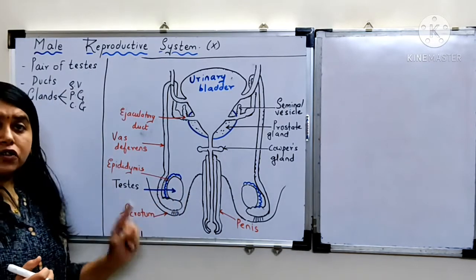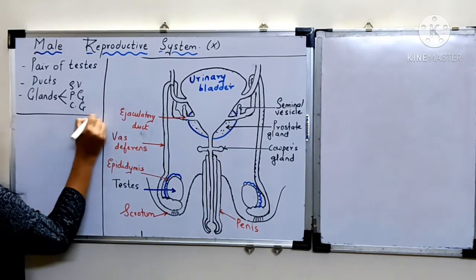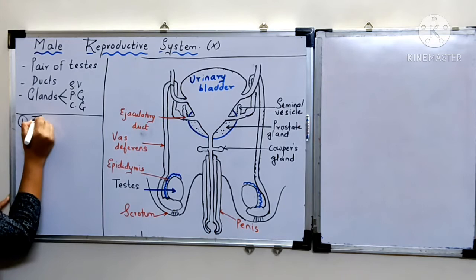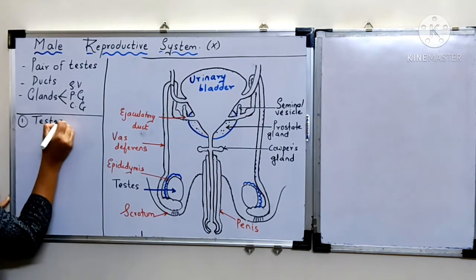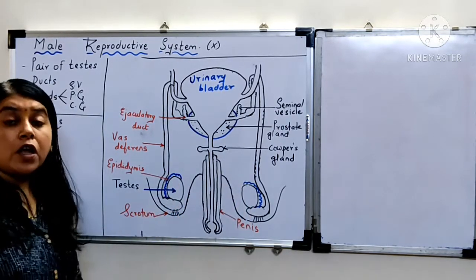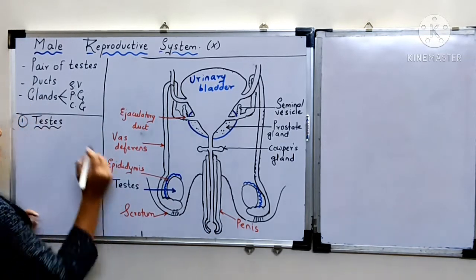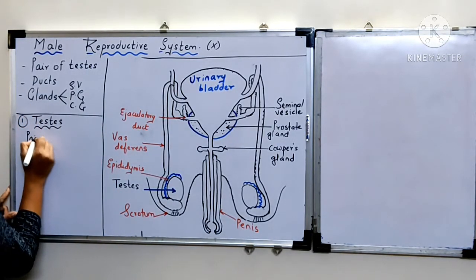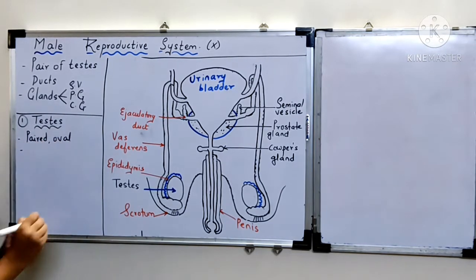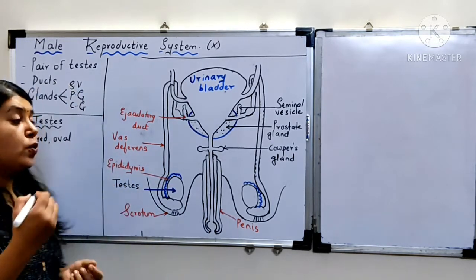So let us see the first organ, which is called the testes. Understand everything step by step. So first, testes, that means I am showing you this part. Testes are paired oval shaped structures which are present in the scrotum.